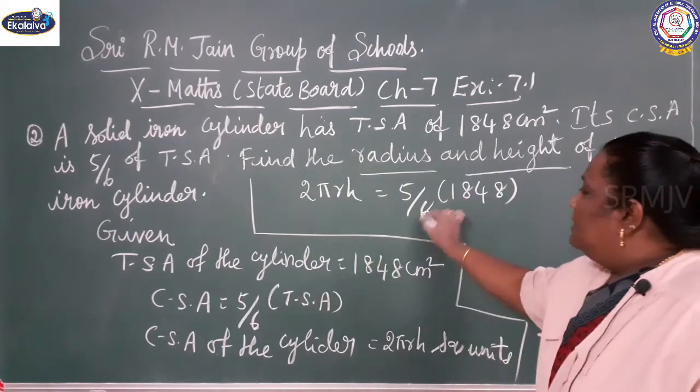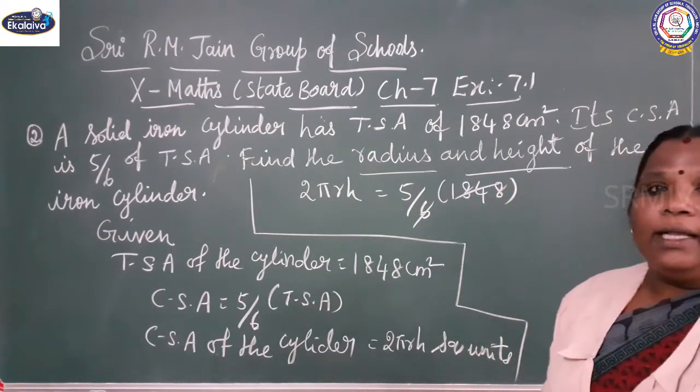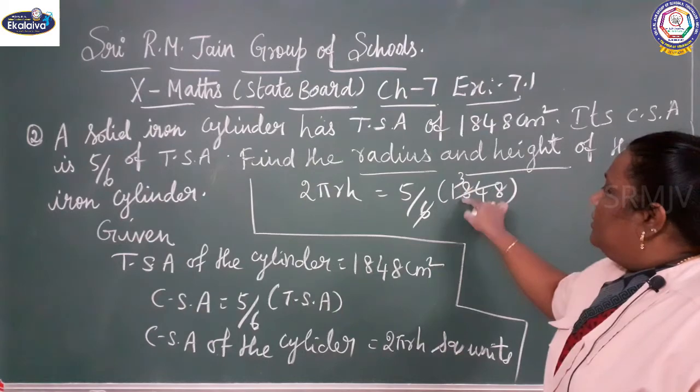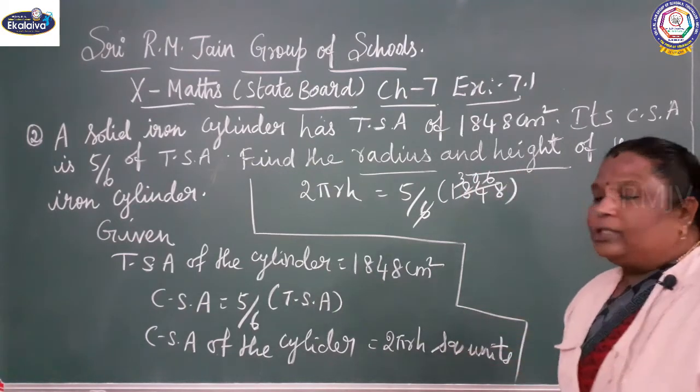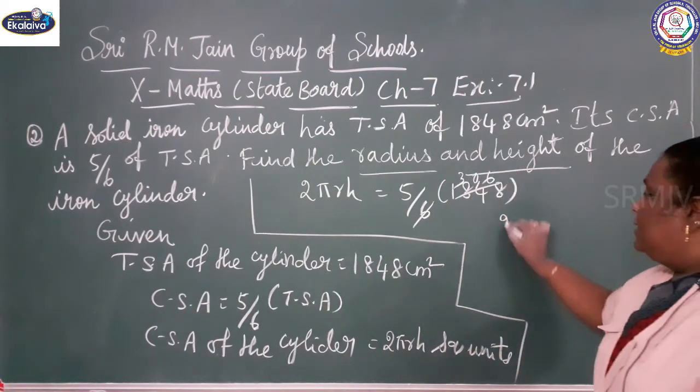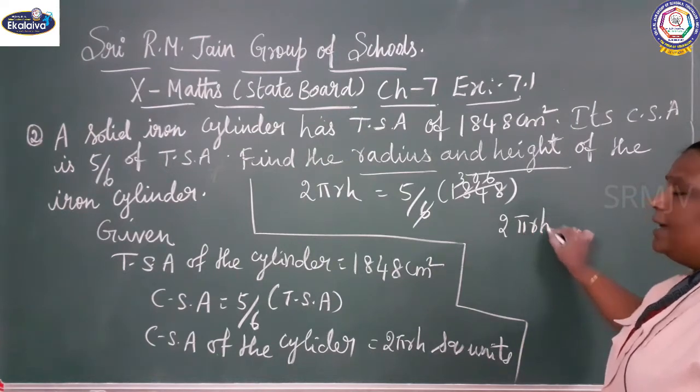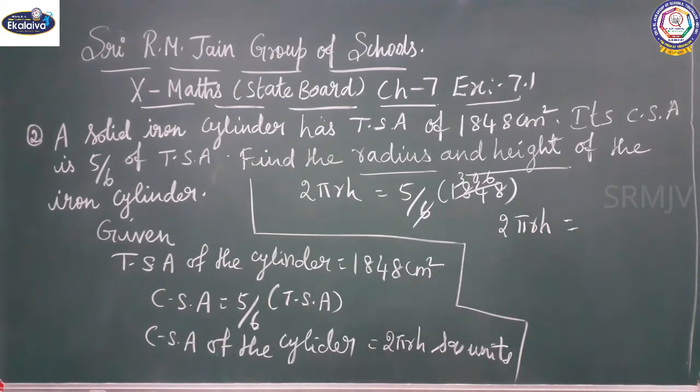So you can cancel the value. What is the value we are getting? 2 pi RH, that is the curved surface area of the cylinder, equal to 1540.